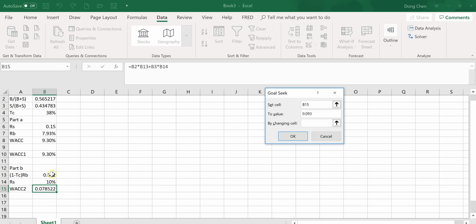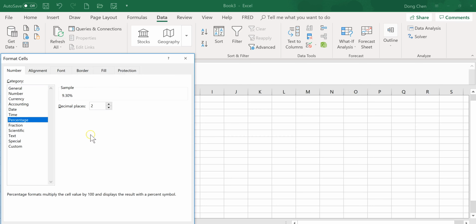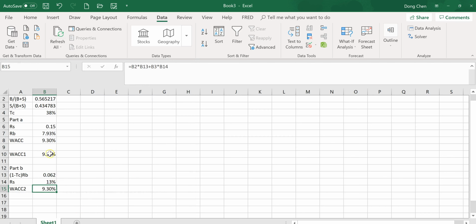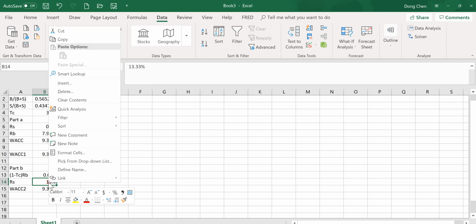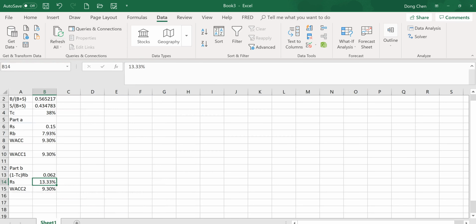By changing the cell, the cell to change is this cost of equity here, and okay. And now let me change the format to be consistent with this WACC here in percentage terms. And I also want to change the format of cost of equity to keep 2 decimal places. You see the difference here.